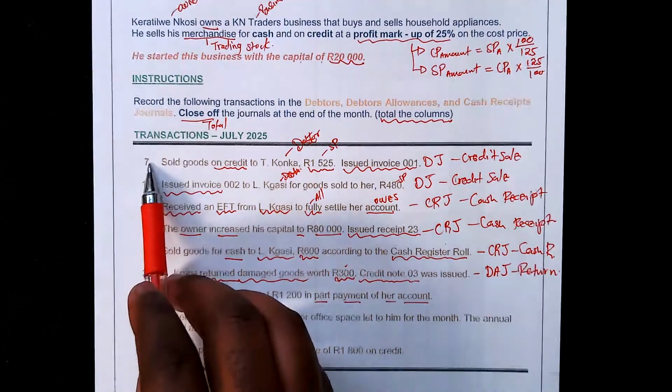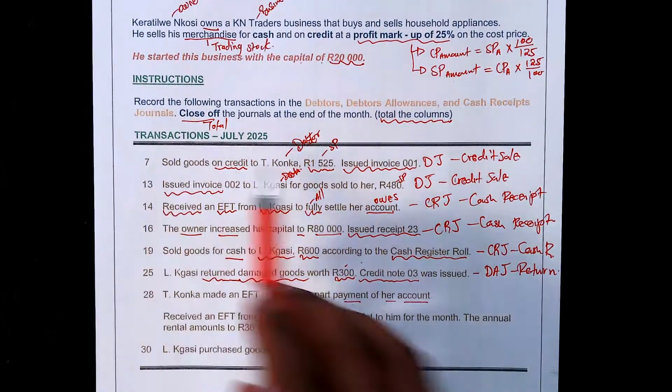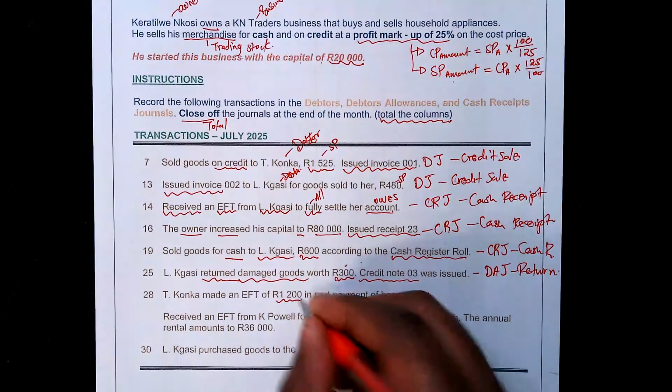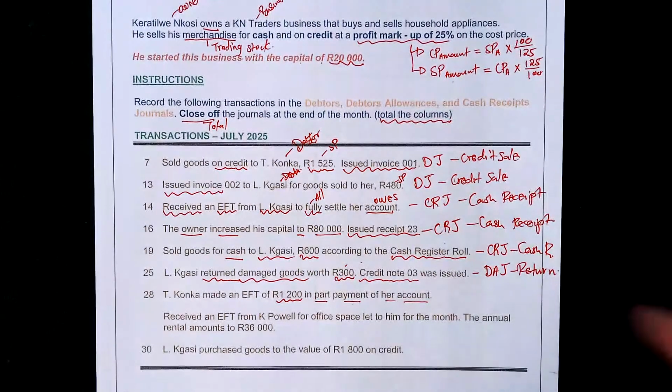Why? Because on day 7 she bought goods on credit. Now on day 28, or on the 28th of July, T Konka made an EFT of 1,200 to the business to pay a part of what she owes to the business.